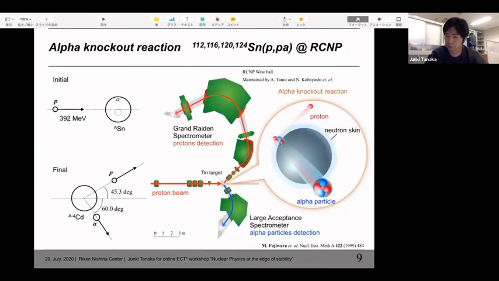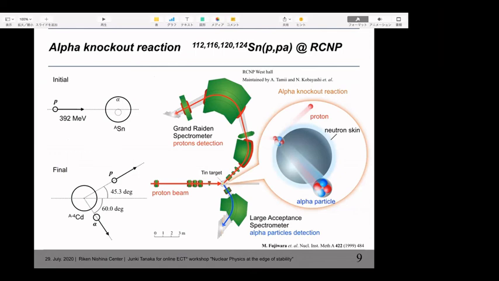We did not do that, (p,2p) or (p,pn). We just selected the angle for (p,pα) channel. So the answer is no. Would that be possible or interesting just to have an idea of which fraction is it?